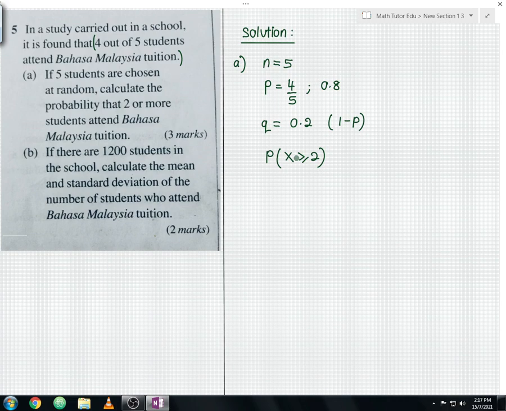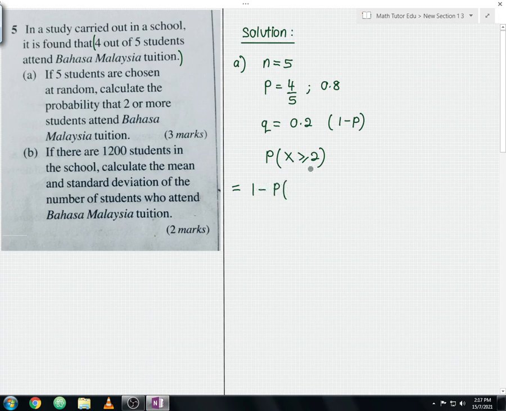So these are the probabilities. From here you can calculate one by one, but then the calculation will be very tedious. So how do we shorten the calculation? Like I mentioned in the previous example, we are going to use this method where 1 minus the probability.